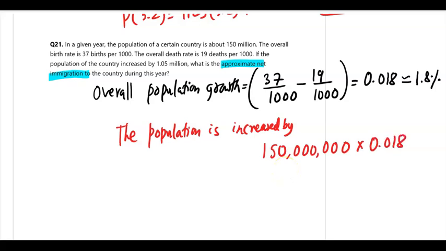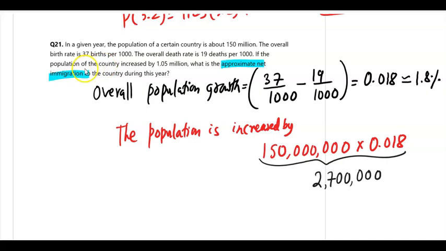When you multiply, this gives you 2.7 million. That means 2,700,000. This is the population increase from the people who were born and died in the same country.